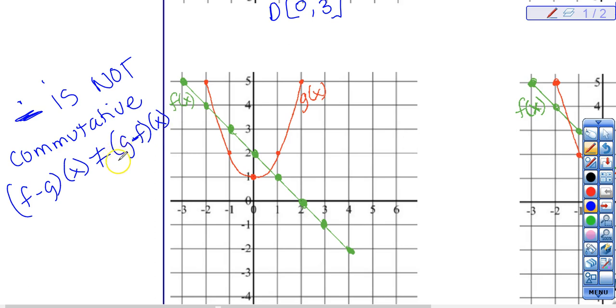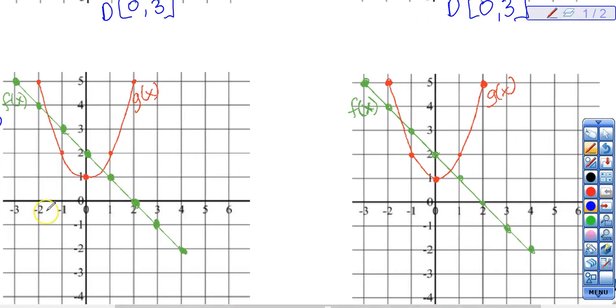That's not going to be true. So be really careful. We must be careful when we're doing our subtraction to make sure we know what function we are starting from, what function we are subtracting. Really, really crucial. Okay? Subtraction is not commutative.